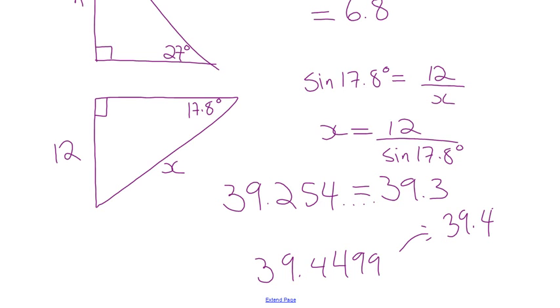We don't do that. You look at the place, you look to the right. If it's 5 or higher, you round up. If it's 4 or lower, you leave it. Don't look further and say, but if I want 2 decimals, that's 39.45. If I want 1 decimal, it's 39.4. So don't cascade your rounding, and really, lengths, how much easier could it get? Not much.